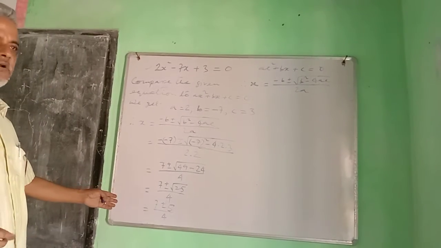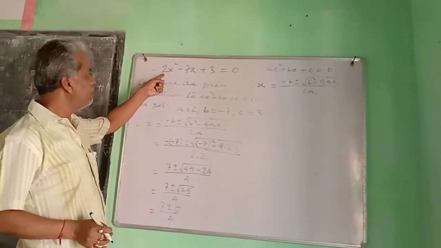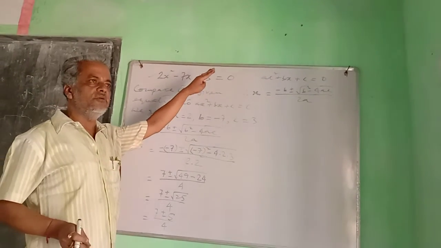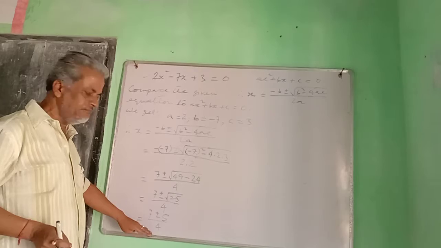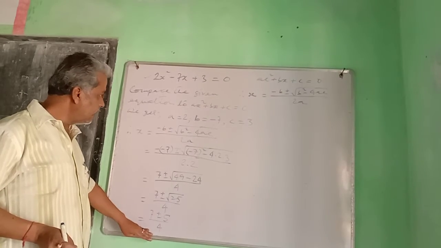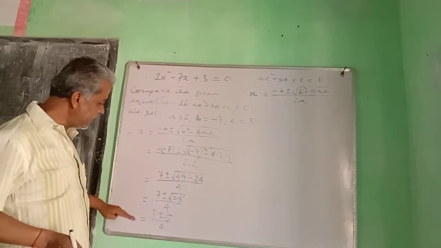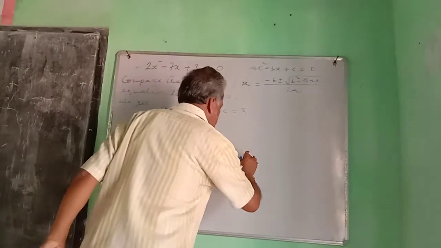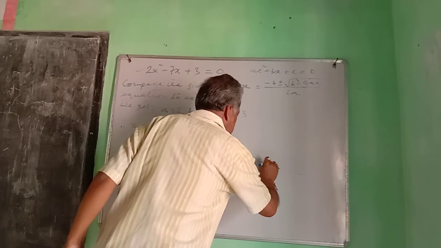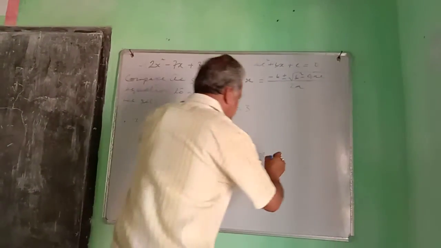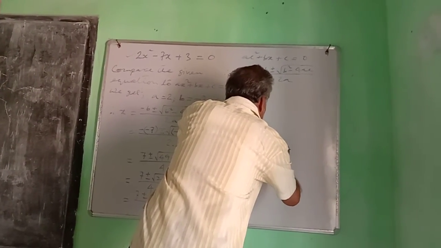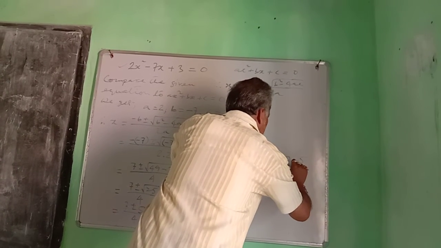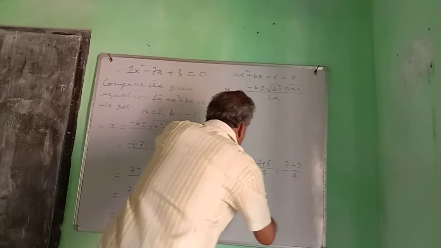So you have seen already this question when it was solved by the method of completing square, we obtained the same. By application of quadratic formula also we get the same. So the result will be x is equal to 7 plus 5 by 4 and 7 minus 5 by 4.